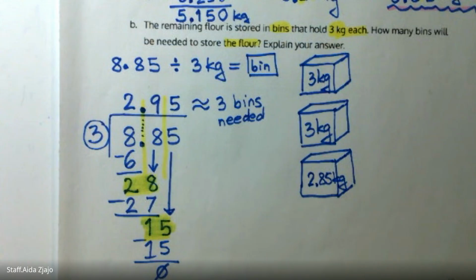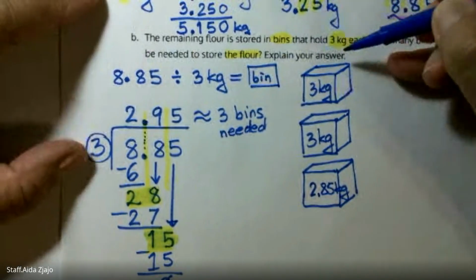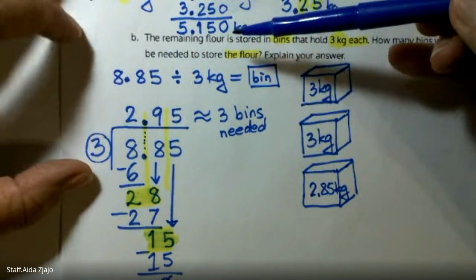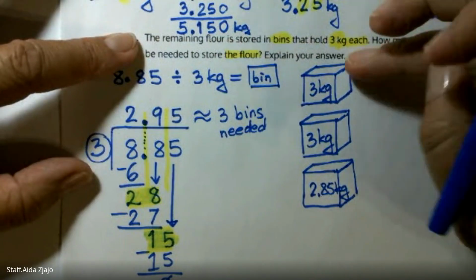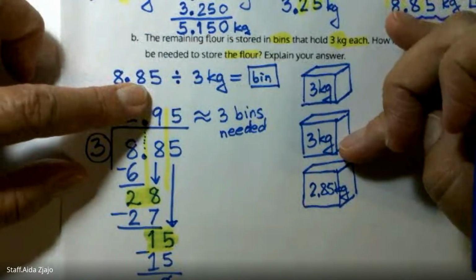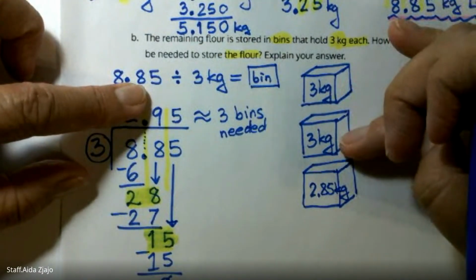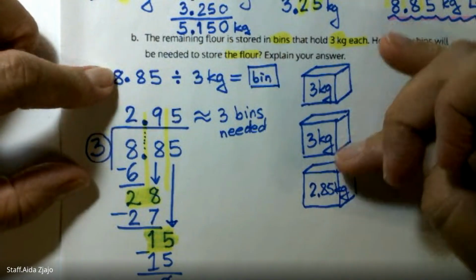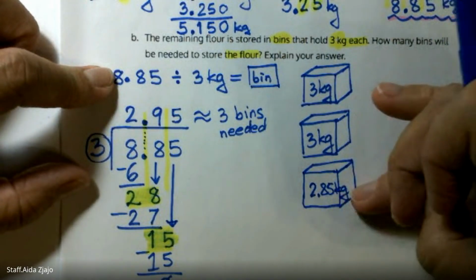Because very often they don't understand that these are bins that hold 3 in each, but you're sharing 8 and 85 hundredths, so you can put 3 kilograms here, 3 kilograms, that's 6, and then you have 2 and 85 hundredths kilograms here.